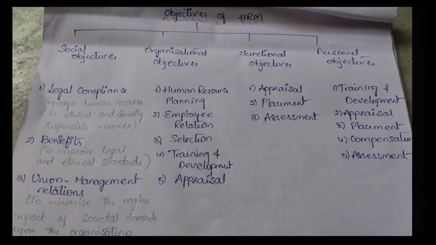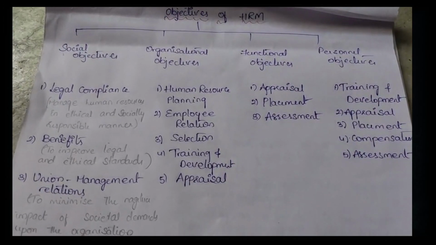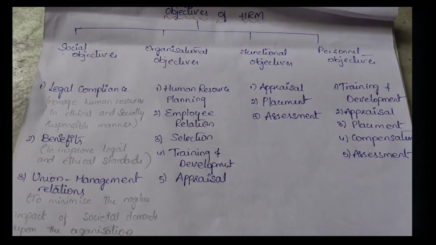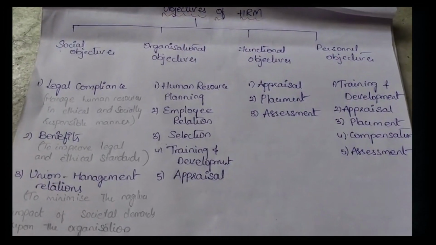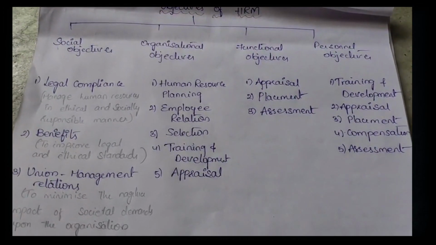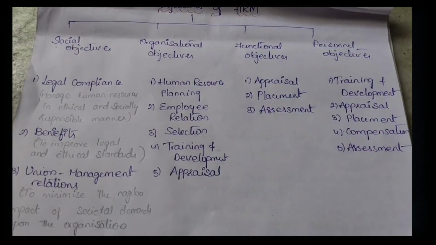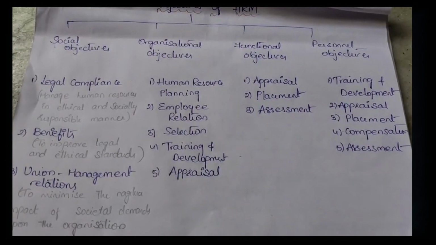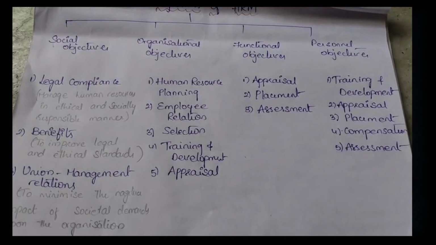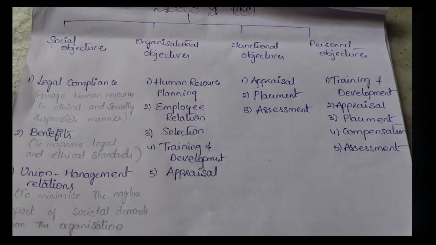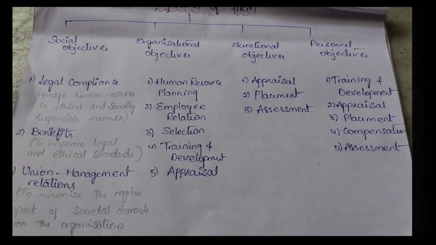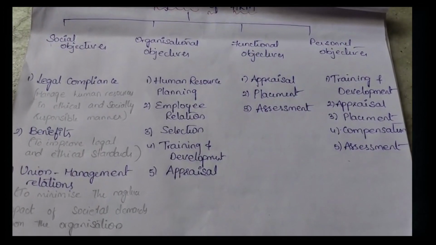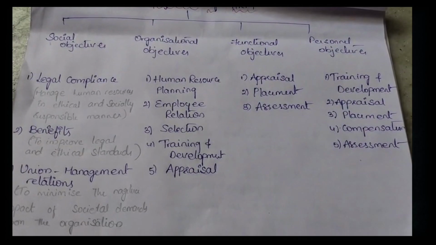Next, training and development. To improve the knowledge and skill of the new employee, the HR department has to provide training programs for improving the knowledge and skill of the individual employee. For what purpose is this training required? To develop his knowledge, to develop his skill.